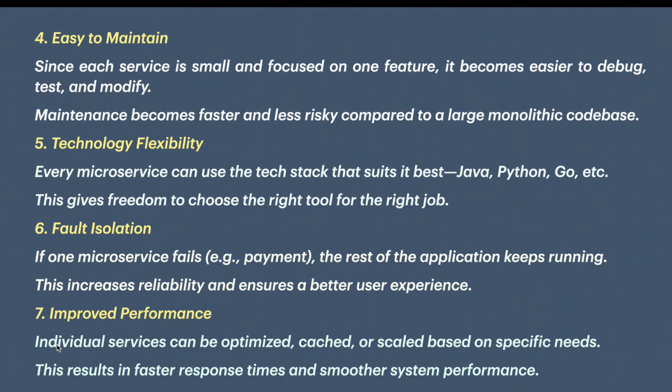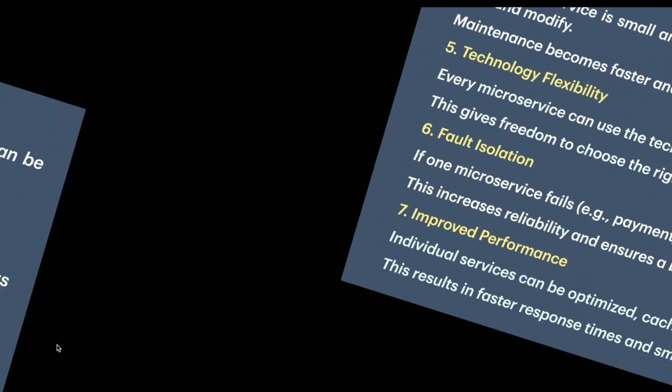There is no need to put caching on all the microservices. If you want to put it only on one application, you can do that. This is possible in microservices architecture.